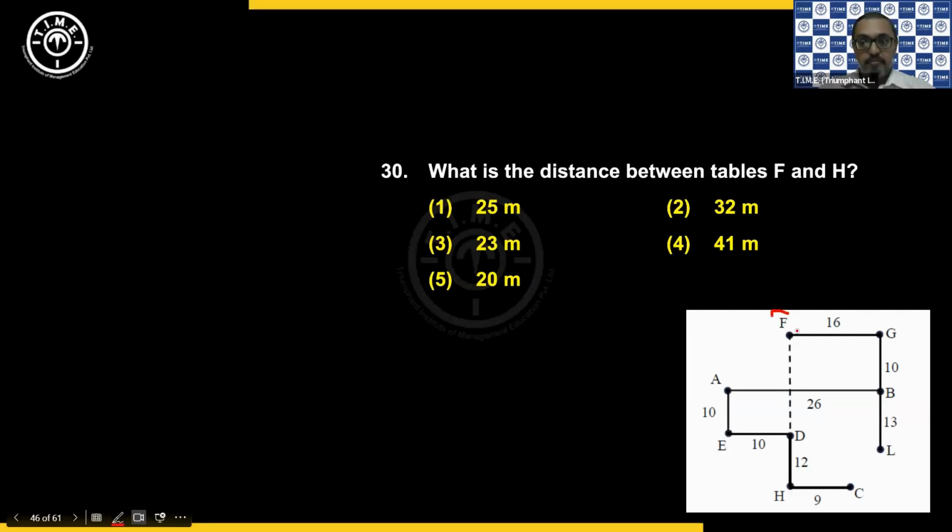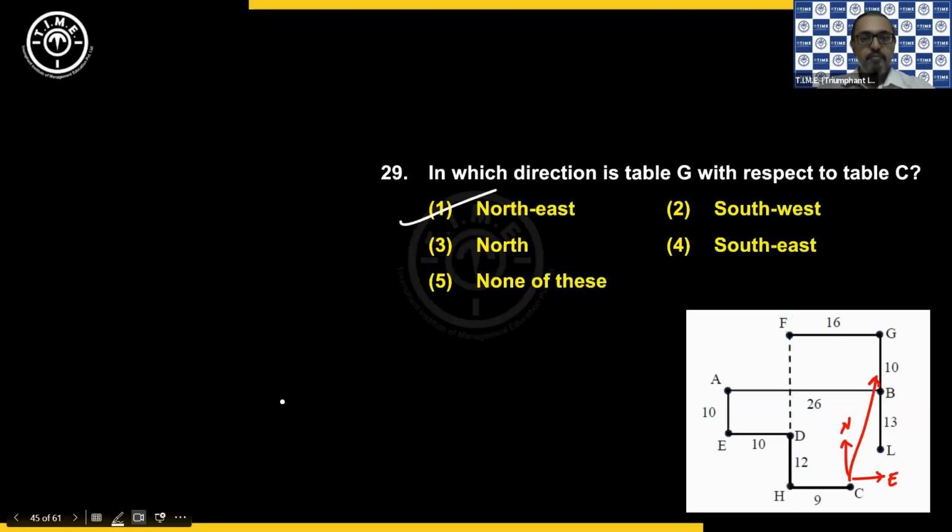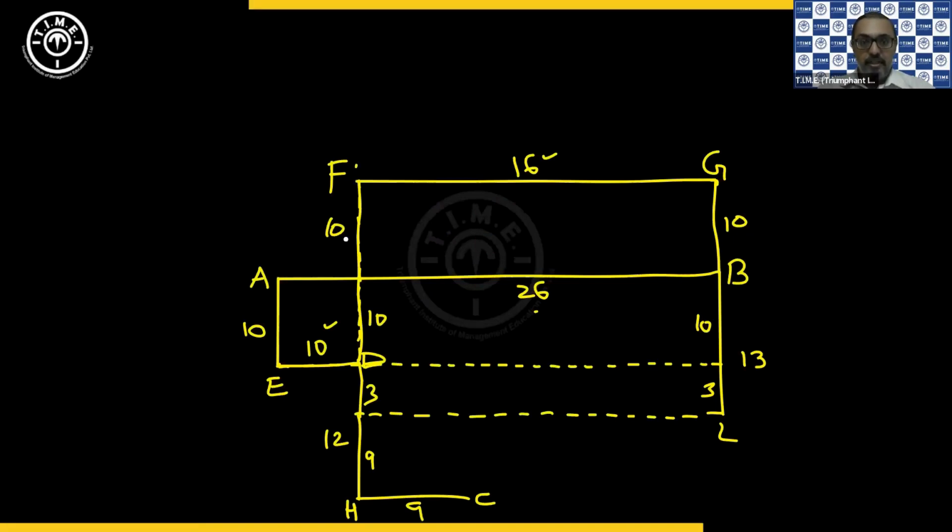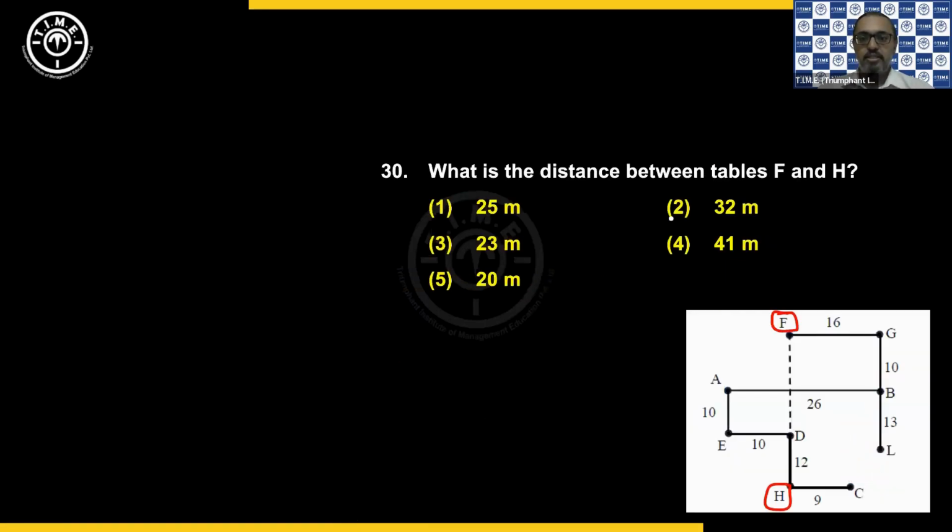F is here and H is here. So he's asking what is this total vertical distance that we have between F and H. So let us look into this. Now we have a 10 here, another 10 here, 12 here. So 10 plus 10, 20, 20 plus 12 is 32. Correct? So total distance I'm getting is 32, and that's available in choice 2.